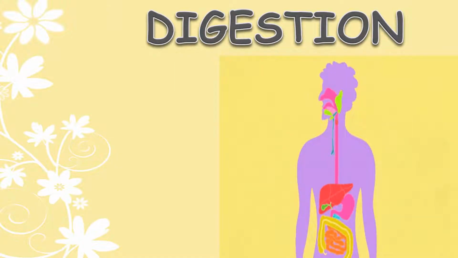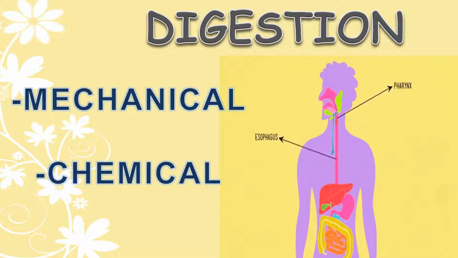As I have discussed earlier, the breakdown of complex components of food into simpler substances is called digestion. In human beings, breaking down of food occurs by two ways: mechanical digestion, chemical digestion.